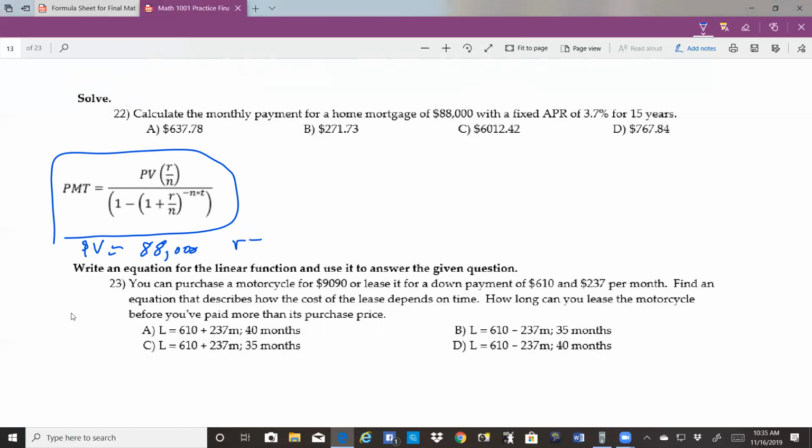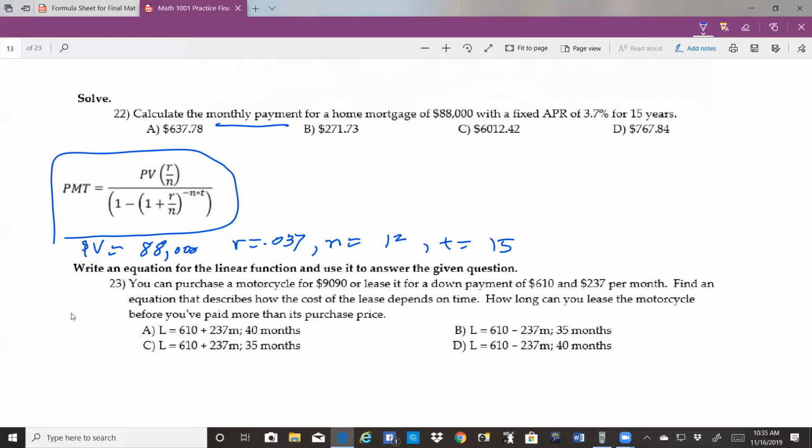The rate is 0.037. N is the number of compounding periods, which is 12. We're talking about monthly payments, so it's 12 per year. And then the number of years is 15, T is 15.